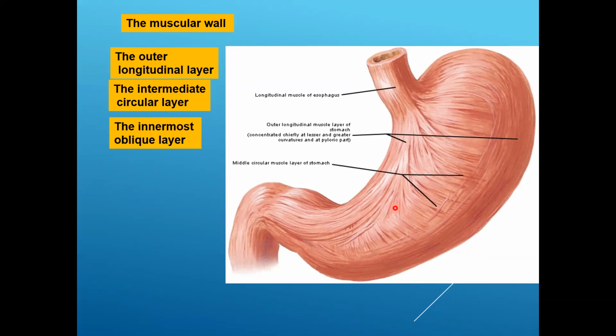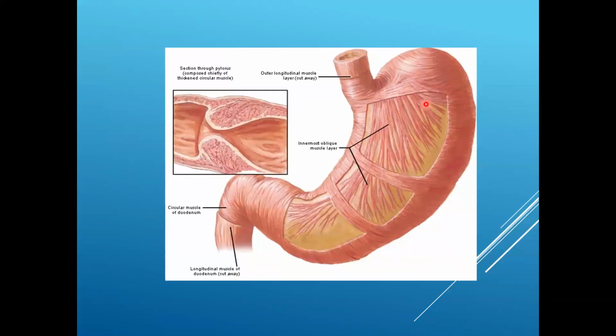The stomach has the same, but it has an additional layer. It has an outer longitudinal and an inner circular, but it is different. It has a 3rd layer, innermost oblique. This innermost oblique layer is not a complete layer. We have fibers that spread mostly around the fundus and the body.